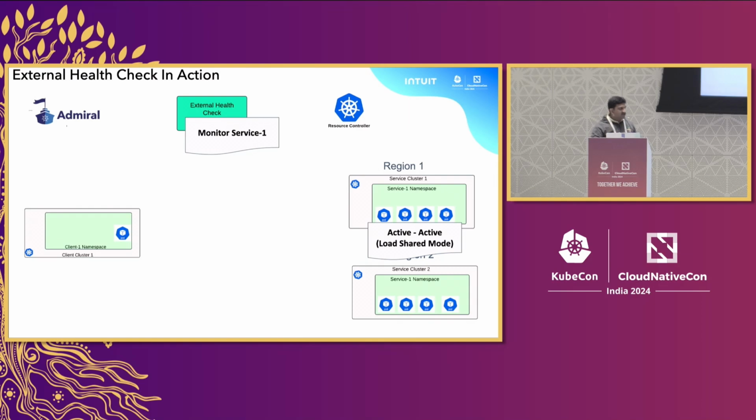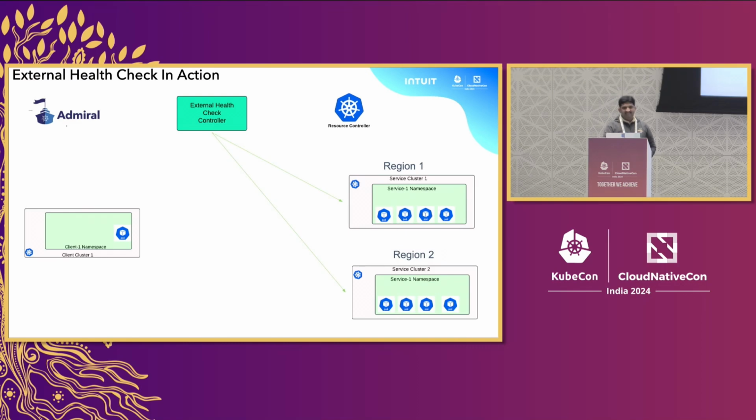And then I also configured our external health check service to monitor this particular service, service 1, right? At this stage, the external health check service is monitoring service 1, and as we discussed, it is capable of outputting the health status to all the controllers that we have built. So what happens? Let's say this information goes to Admiral about the health status of a service. Then Admiral says, oh, the service is configured in active mode, and it is in load shared mode.